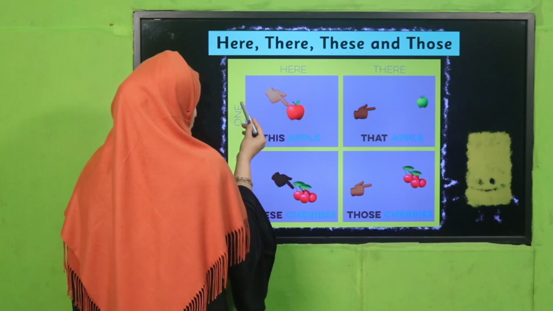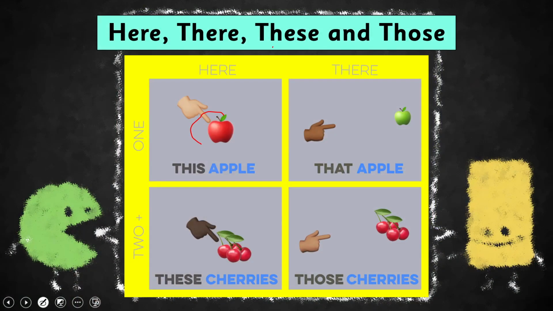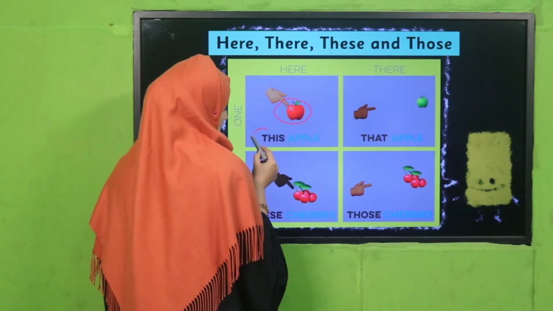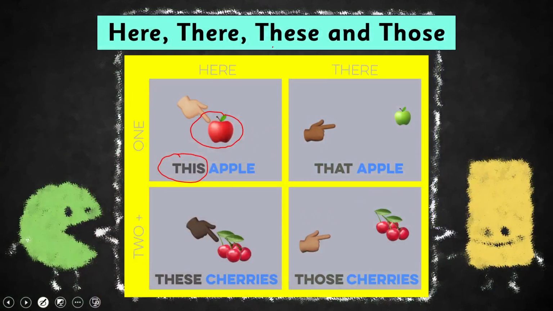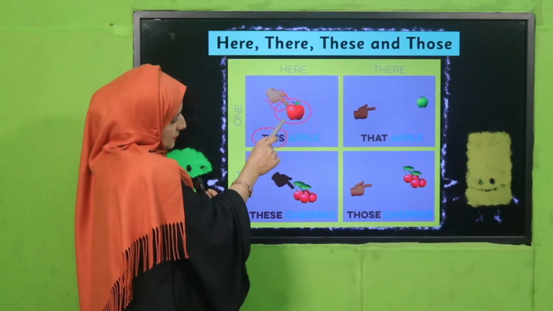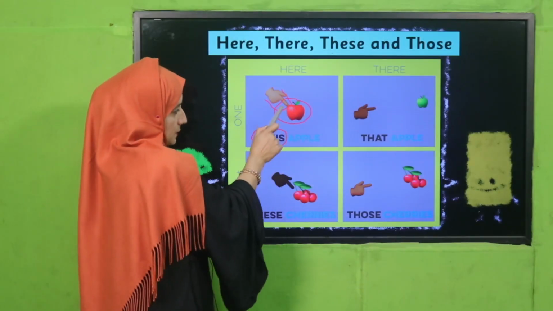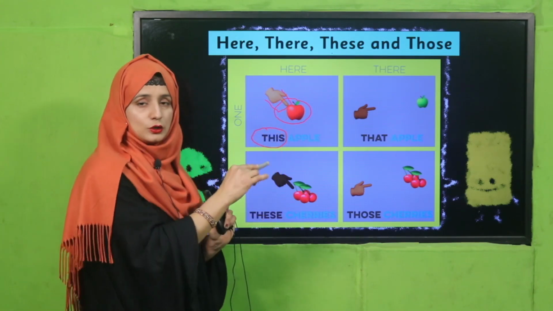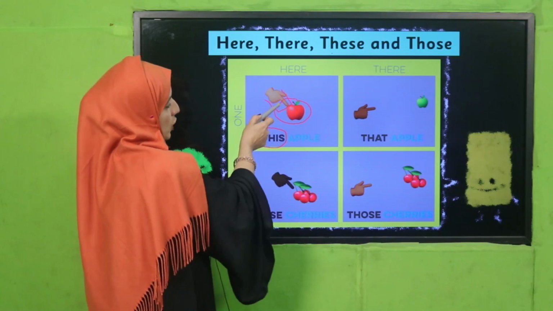See there, when there is one thing, got it? When there is one thing, then what will we use? This apple. Look, he is pointing and that apple is near to him. Try to get it, my dear students, that apple is near to the one who is pointing.